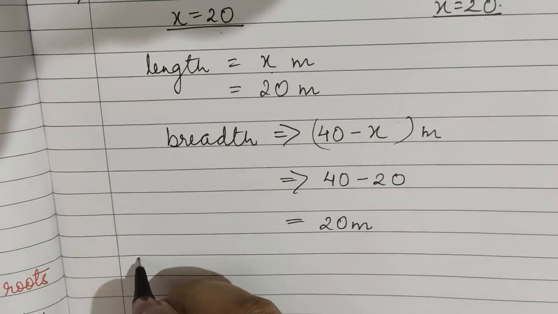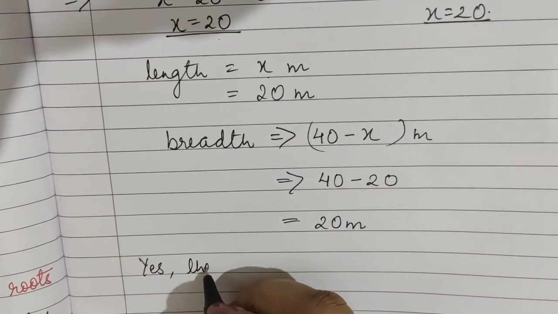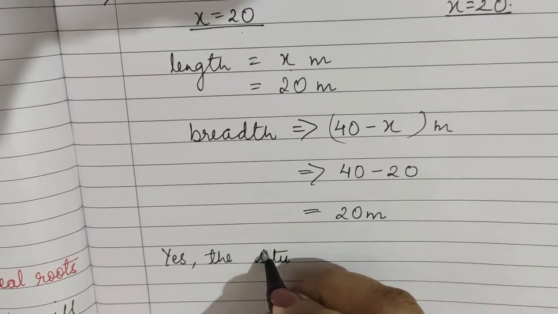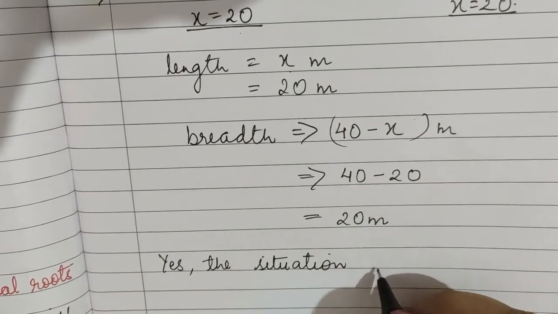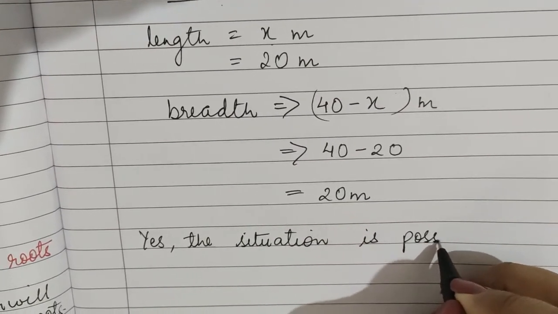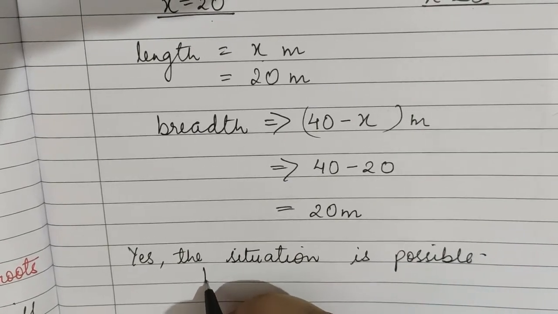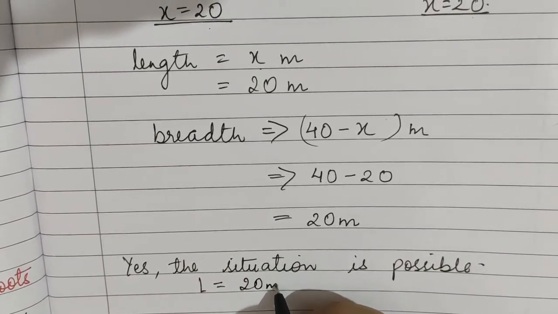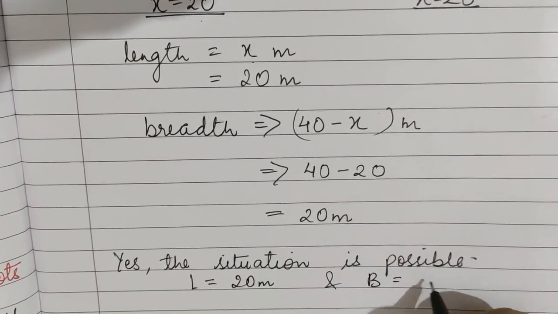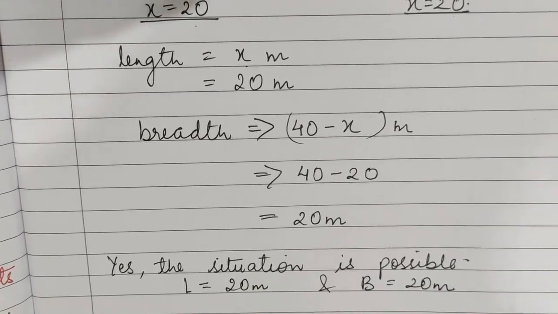So we are going to write the final statement: yes, the situation is possible. Length we got as 20 meters and breadth also we got as 20 meters. This completes your chapter.